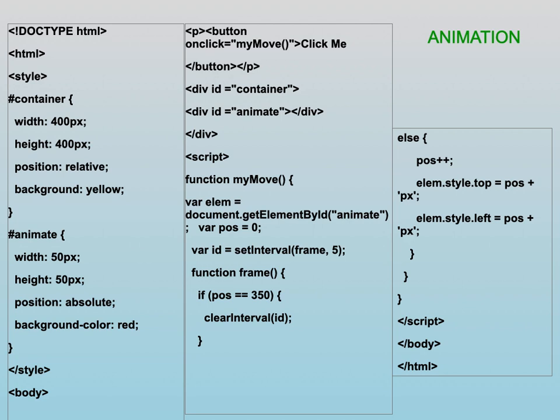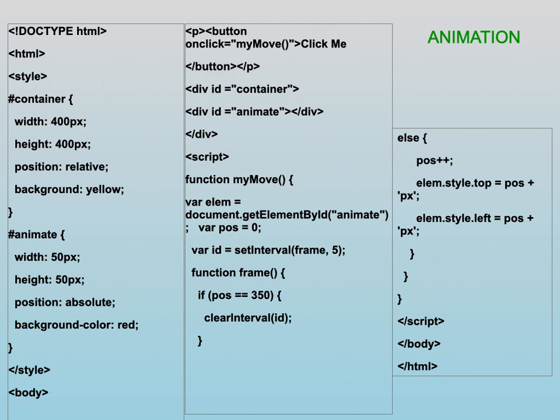Here, one example animation program is shared with you. You need to copy and execute this animation and find the working of the program. So CSS is there and HTML elements are using those CSS declarations.